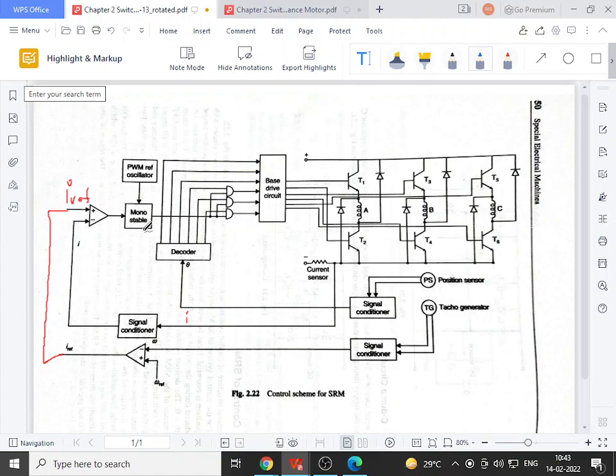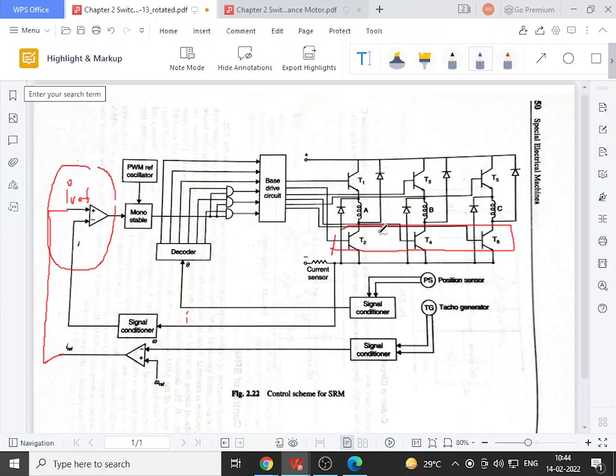the monostable oscillator that will produce the clock signal or clock pulses according to these two inputs, and this output is ANDed with the decoder output. According to the truth table of this AND gate, there will be generation of the logic sequence for this base driver circuit, and that will control the switching period of these lower leg transistors.